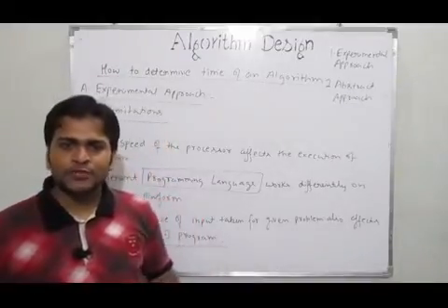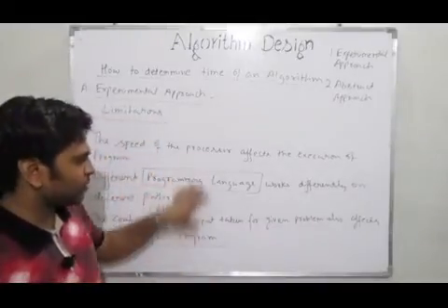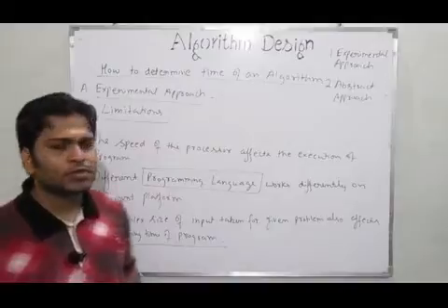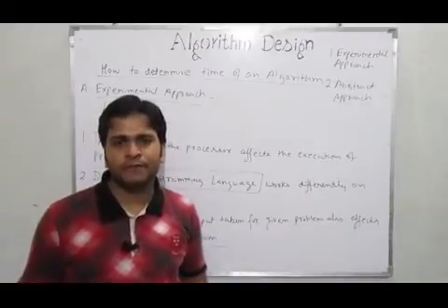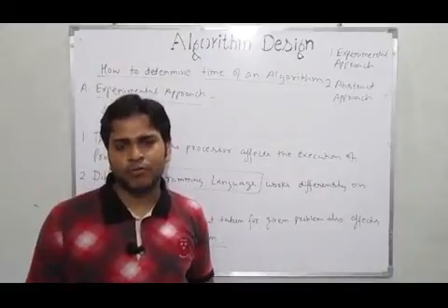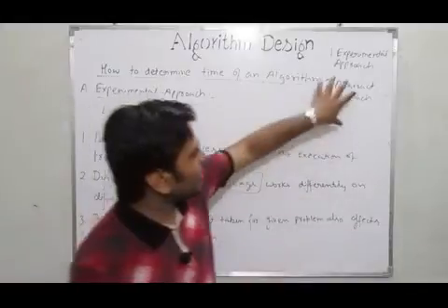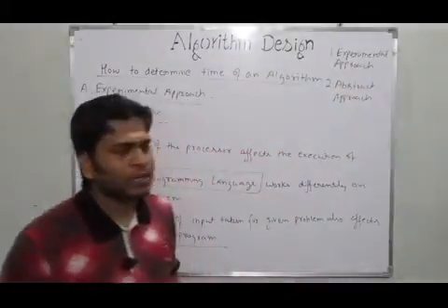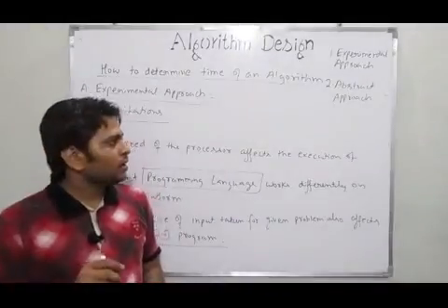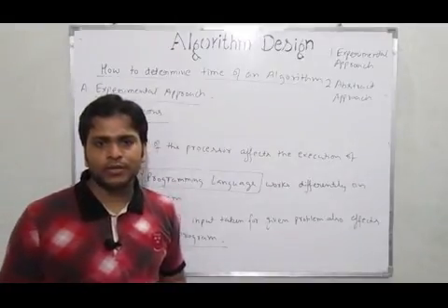But you know, it is very difficult to control these parameters, these factors. Fine. So this approach totally fails when we are in a process to determine the time of a given algorithm. So we move to the second approach, that is the abstract approach, and let us take the idea how abstract approach helps us to find out the solution.